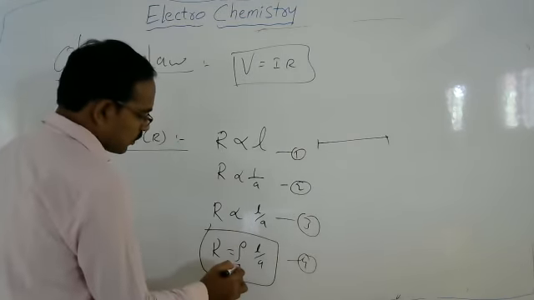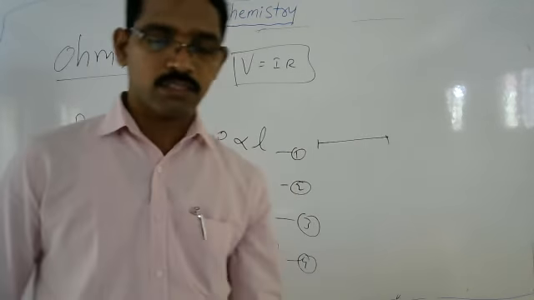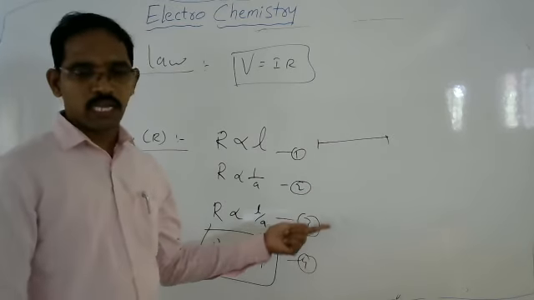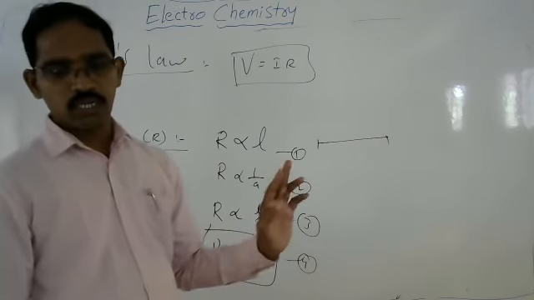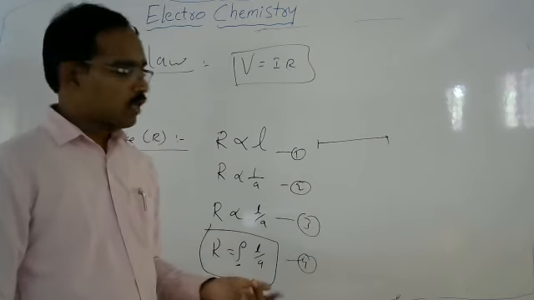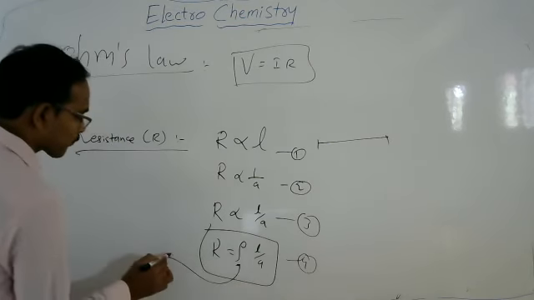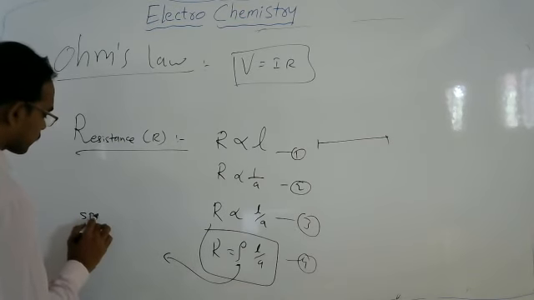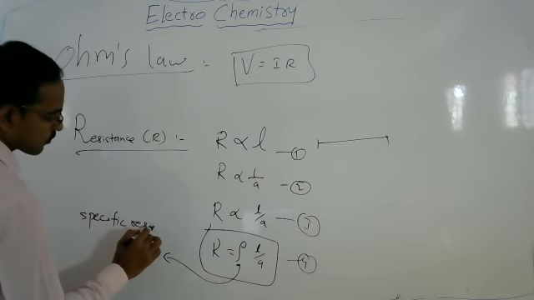What is rho here? Rho is some constant. Rho depends on the substance. Suppose iron wire is there, iron wire's rho is different, copper wire's rho is different, aluminum wire's rho is different. It is known as specific resistance.